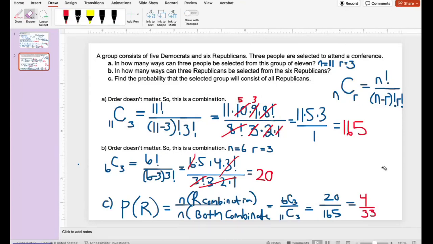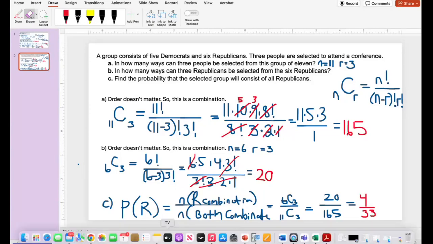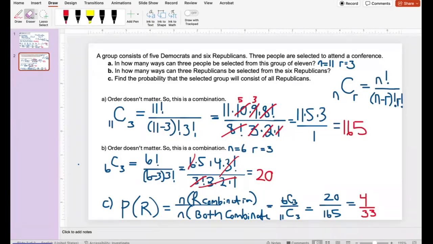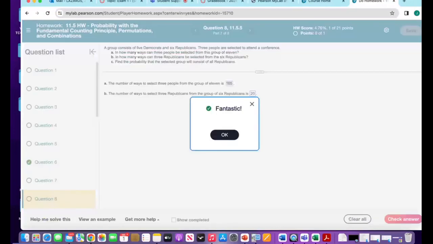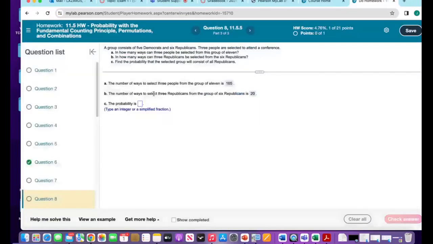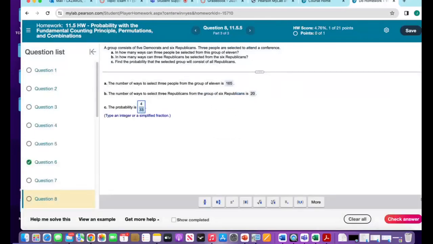And that's it. So then we can go ahead and put this in MyLab. Do you have any questions before? No, I'm okay. Okay. So 165, 20, and 4 over 33. And you always want to reduce it too. See how it says simplify answer?